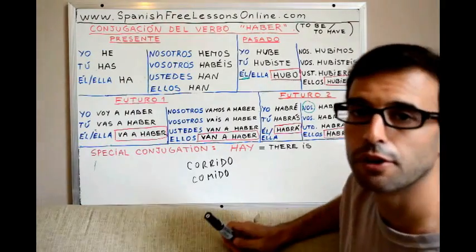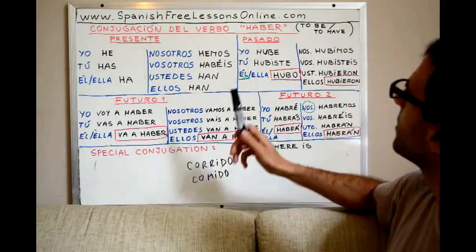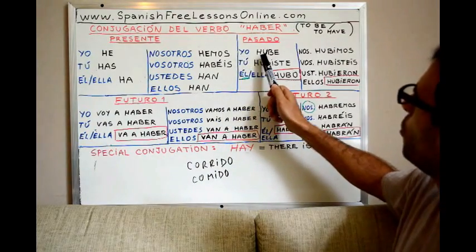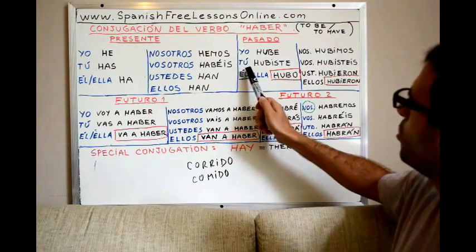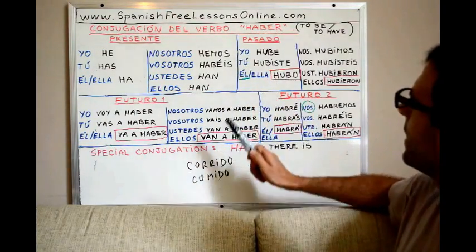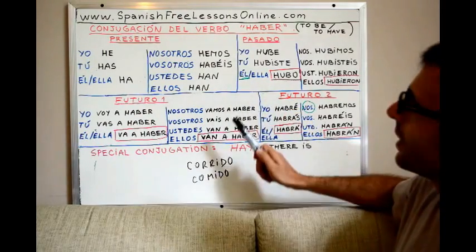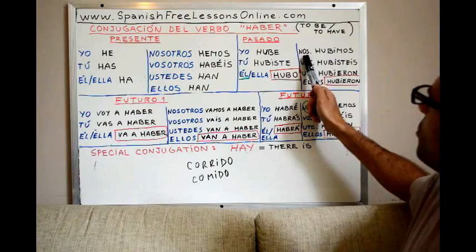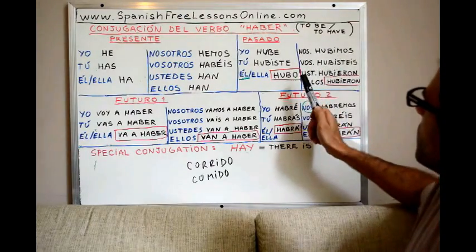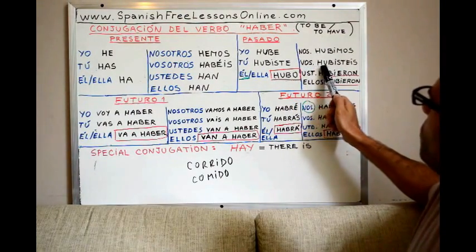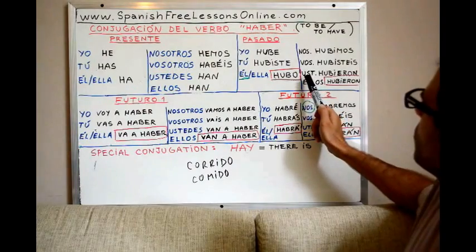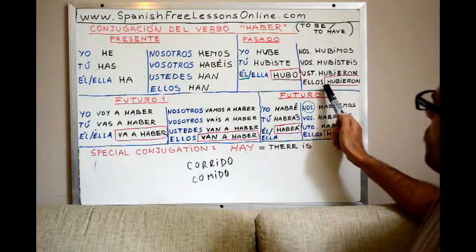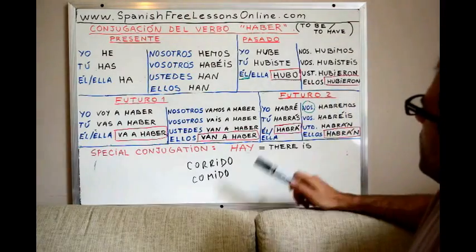Let's see verb haber in past, in pasado. Yo hube, tú hubiste, él hubo, ella hubo, nosotros hubimos, vosotros hubisteis, ustedes hubieron, ellos hubieron, right?